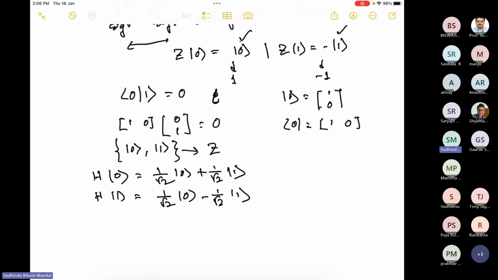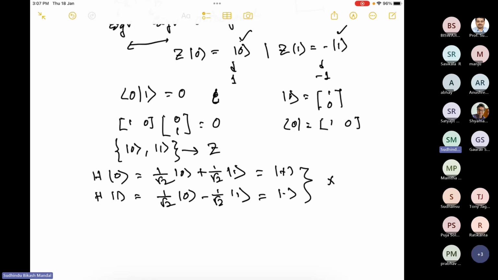And see, from here directly we can say what the eigenvalue is, because this state is called a plus state and this is called a minus state. These two are the eigenspace of the Pauli X operator.